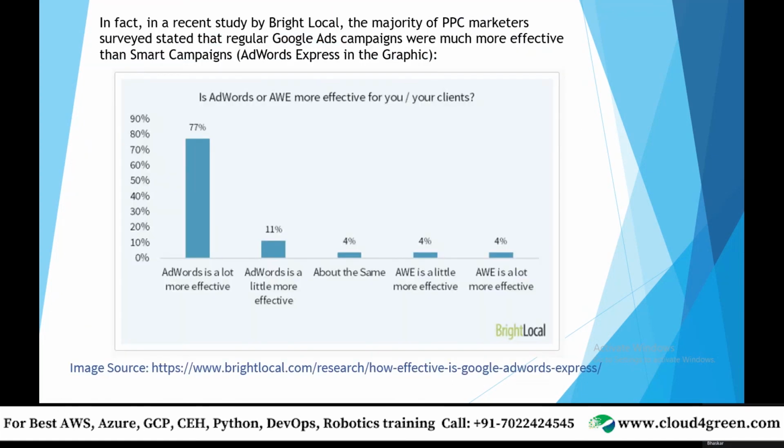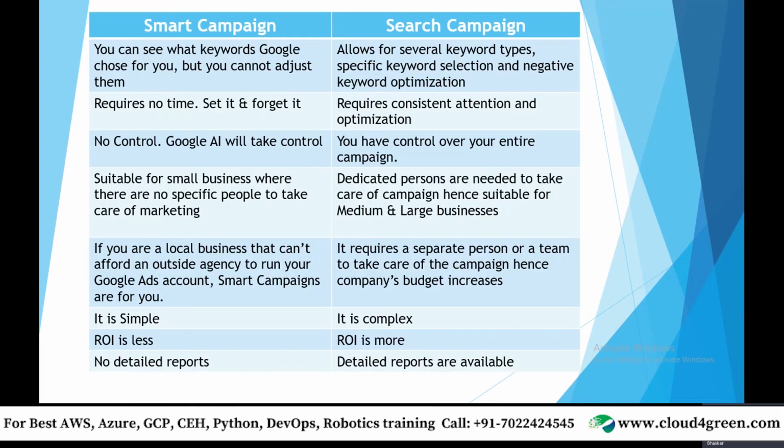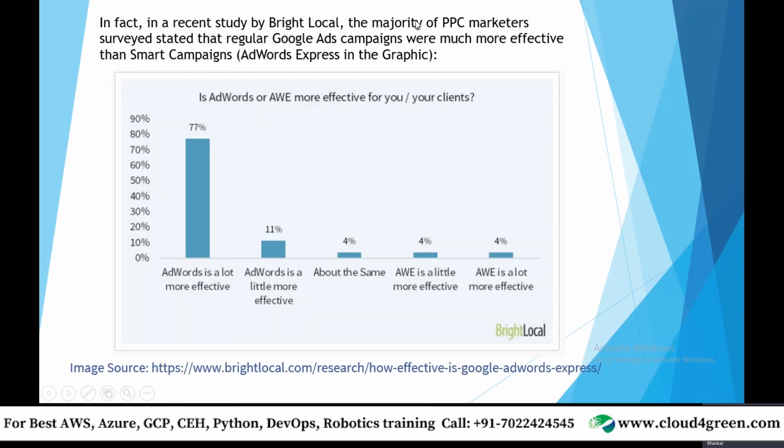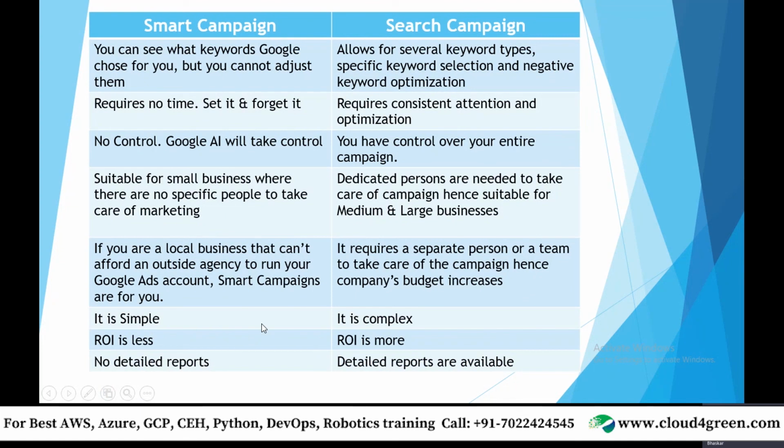So here comes the conclusion. You may be getting confused: which one to use? Shall I go for a smart campaign or a search campaign? So we discuss the points here. To conclude, what I can say is, if you are a beginner who doesn't have knowledge about Google Ads and how it performs, then you can begin with the smart campaign.